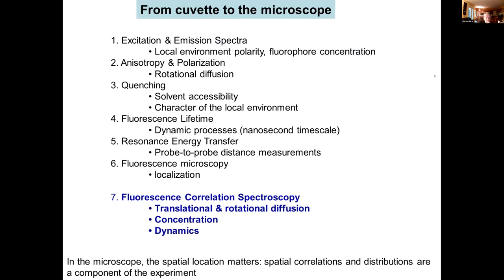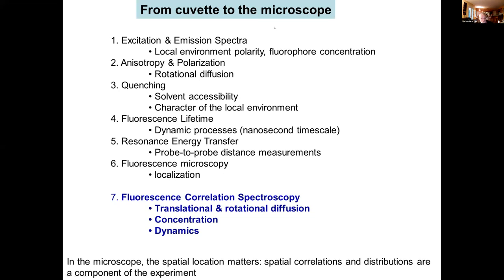So first of all, the idea was to go from the cuvette kind of experiment that Dave Jameson illustrated in his first lecture to number 7 in the list, which is fluorescence correlation spectroscopy. And all the techniques that you use in fluorescence, so excitation and emission spectra, you can use them in order to essentially look at the different effect on the fluctuation.